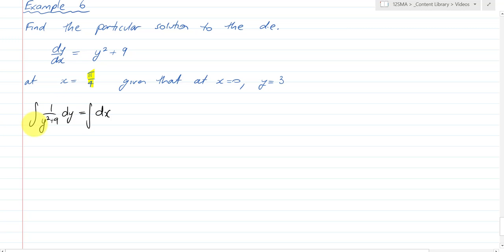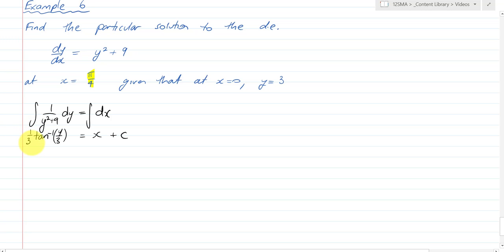When I integrate both sides, I get over here the nice x plus some constant, but over on this side I get the integral of 1 over y squared plus 9, and I loosely remember somewhere that that had something to do with tan inverse, and I look at my formula sheet, it's tan inverse, and in this case y over 3, and I get a third factor at the front as well.